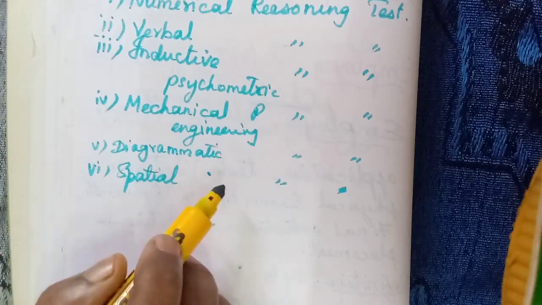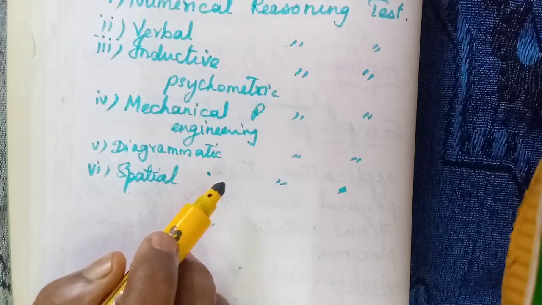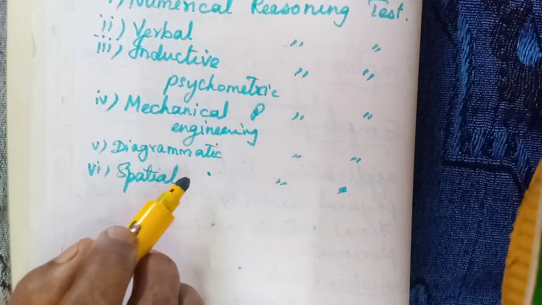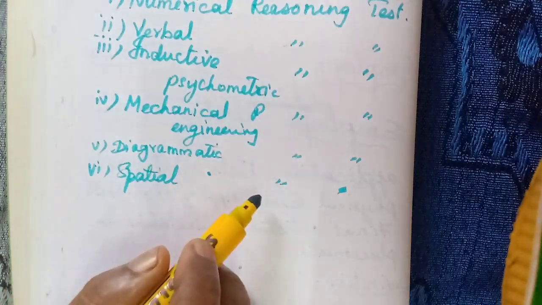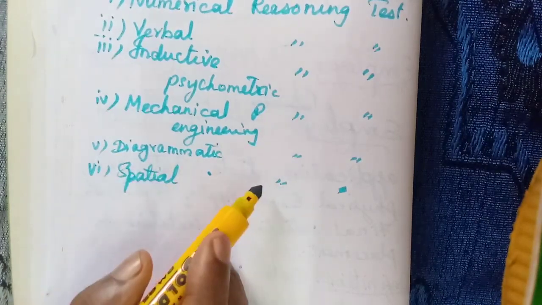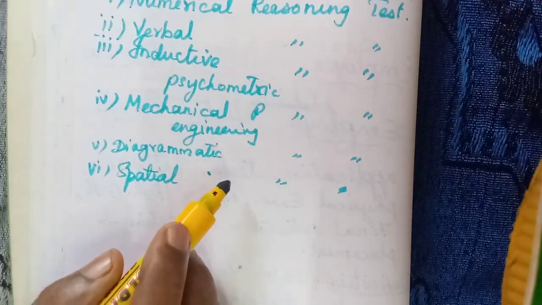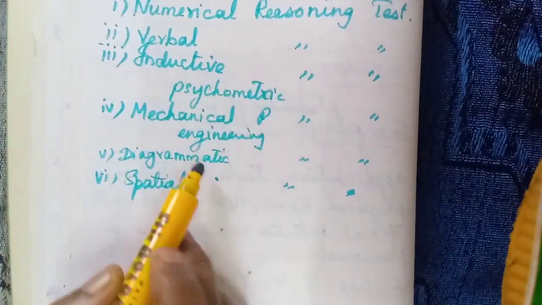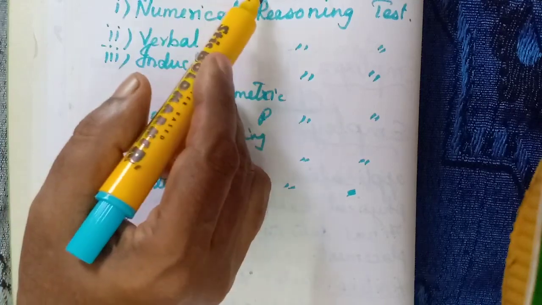Some will be slightly different between the two images, and they will be asked to find the pattern. Four patterns will be there, and they will ask them to find the fifth one. That is the spatial reasoning test. All these reasoning tests we have learnt under the aptitude test. Some other tests are also there under this aptitude test.